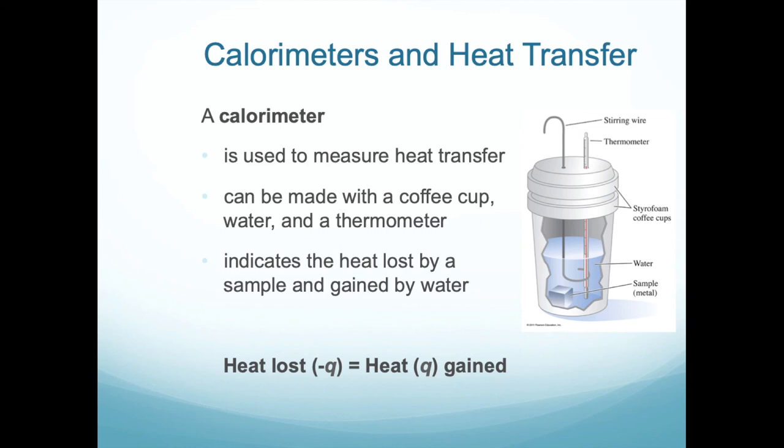Back when I taught high school, we actually did a lab like this where we took some paper clips and used that as our hot metal object and dropped it into a calorimeter with water. And we were able to figure out the specific heat capacity of the steel making the paper clips. It was actually surprisingly accurate. So coffee cup calorimetry, say that 10 times fast, is a very useful technique for doing some of these problems that involve heat transfer.